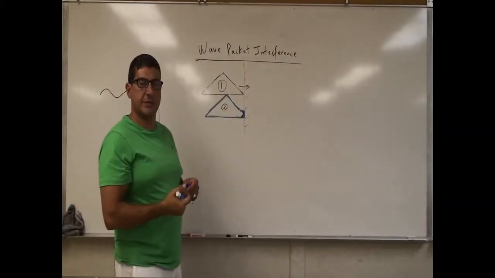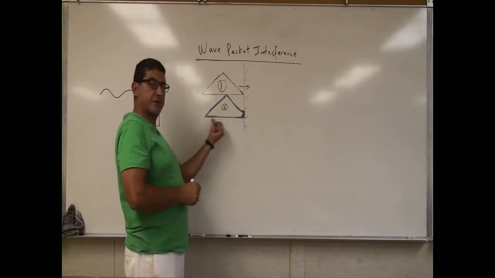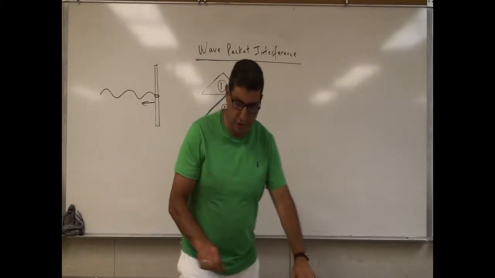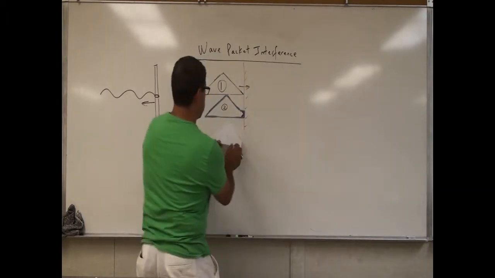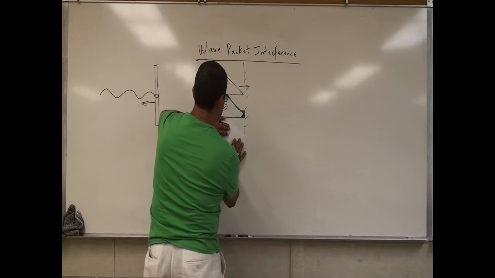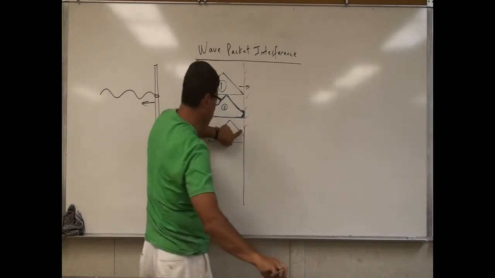So then a little bit of time later, as more of the wave has bounced back, you get something looking like this. Now, this is the next wave that you have, right? And then it gets added to that.